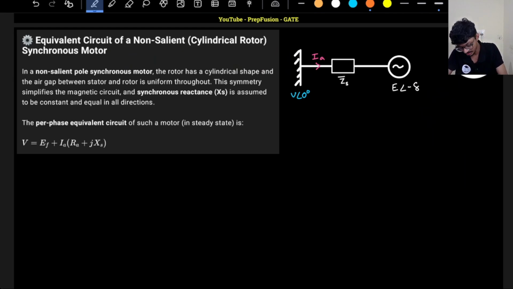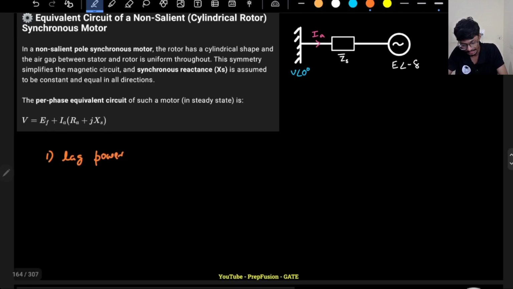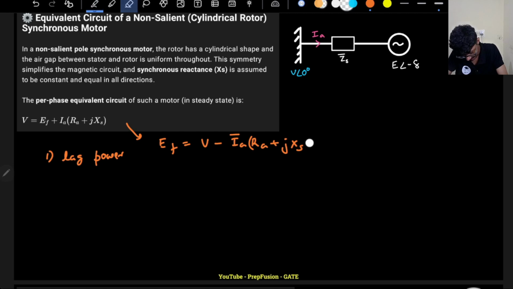Let us first assume that the synchronous motor is operating at lagging power factor. If it is operating at lagging power factor, what will be the phasor diagram? From here, what will be EF? EF will be equal to V minus IA (RA plus jXS).